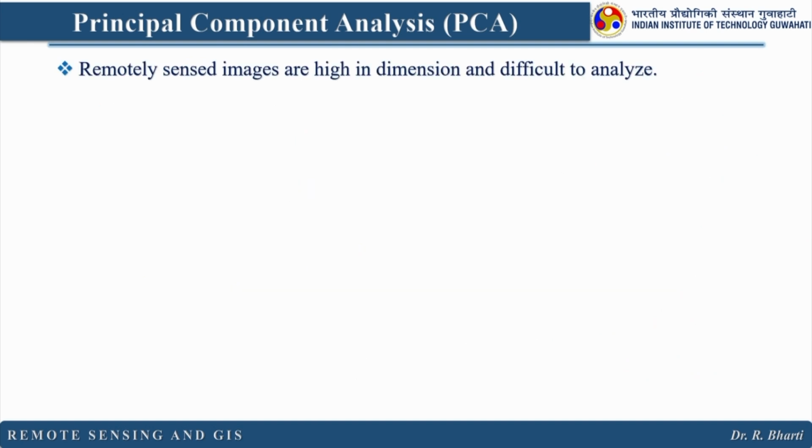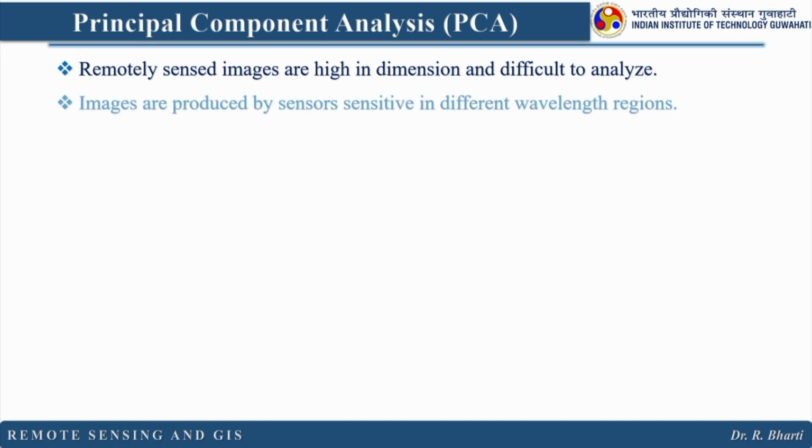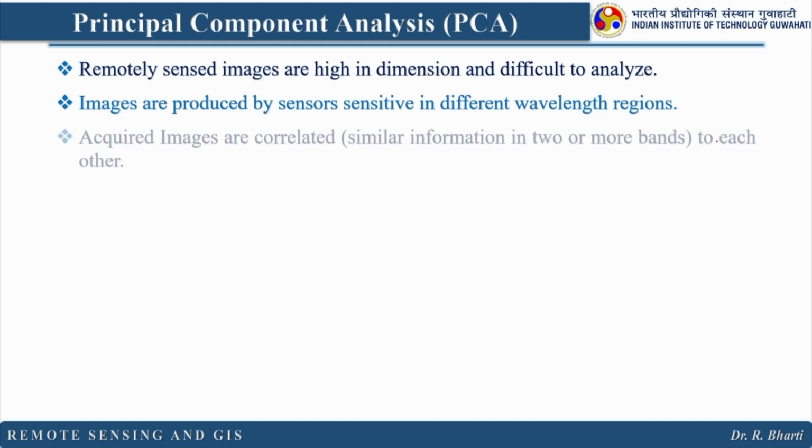So remotely sensed images are high in dimension and difficult to analyze. That I have already explained to you. Images are produced by sensors sensitive in different wavelength regions, because all those 4 bands were captured in different wavelengths from a single sensor, but the information available in them is different, right.